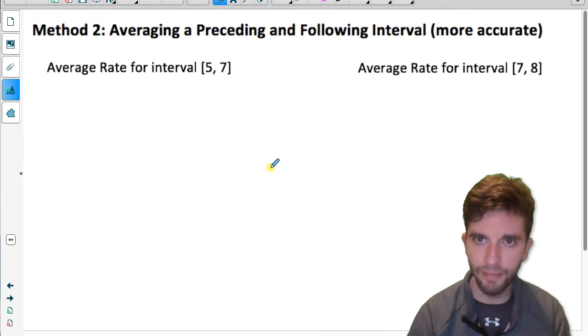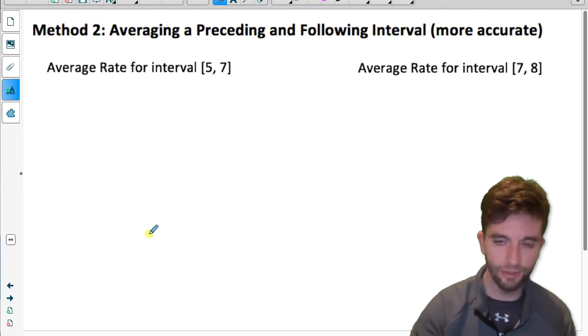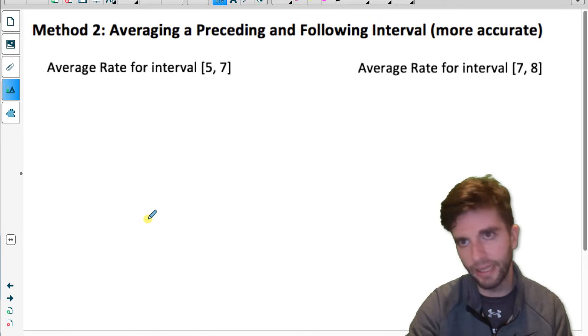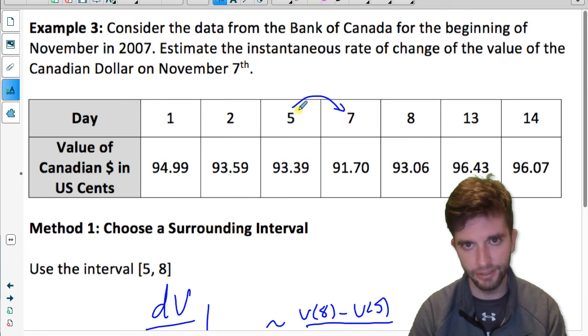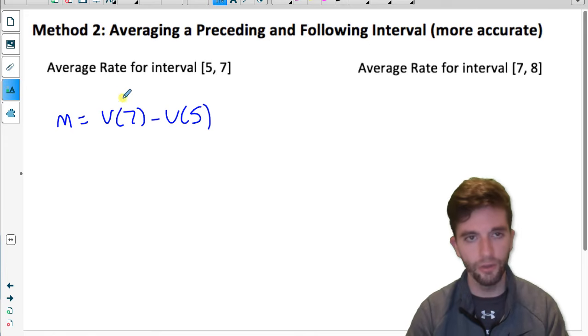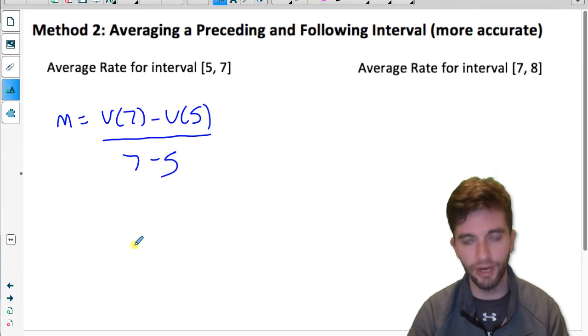How about if we do the second method? We'll average the interval before November 7th and an interval after November 7th. So we'll start by finding the average rate of change between these 2 points. So I'll do the value on day 7 minus the value on day 5 over 7 minus 5.